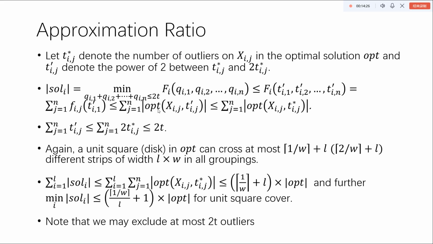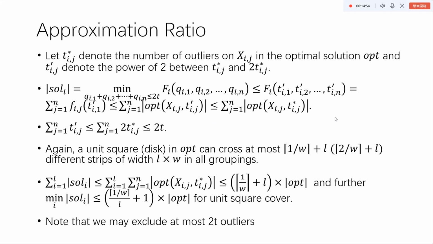Because OPT Xij Tij is decreasing in the number of outliers, when there are more outliers, the number of unit squares or unit disks needed to cover the points will be smaller. So we have this inequality.